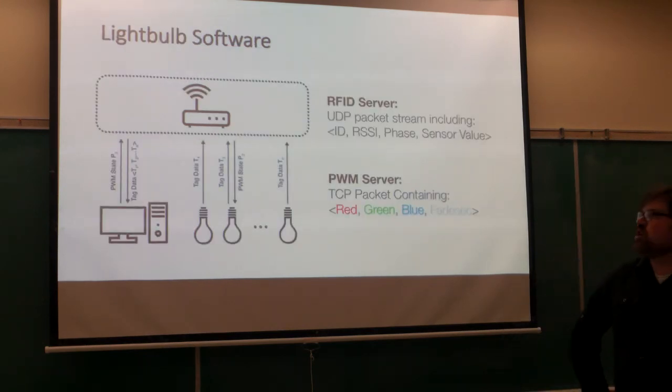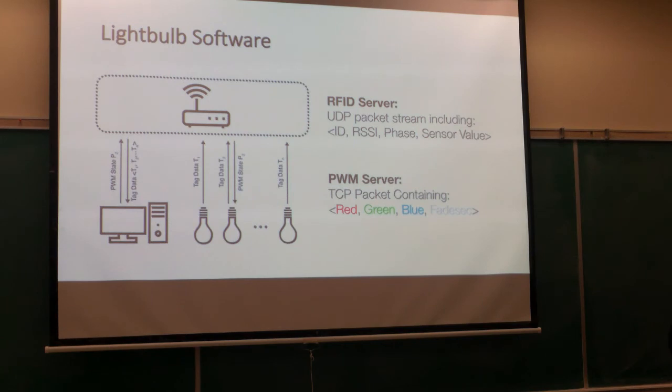And then, to get this whole thing to work, there are a couple different pieces of software that we had to write. The first is this server application that sits in a back-end server, and it continuously receives packets from an RFID reader. What it tells you is the ID of a tag. By knowing something about where you deployed the tags, you can map that ID that the tag sends you to a location or to an object type.